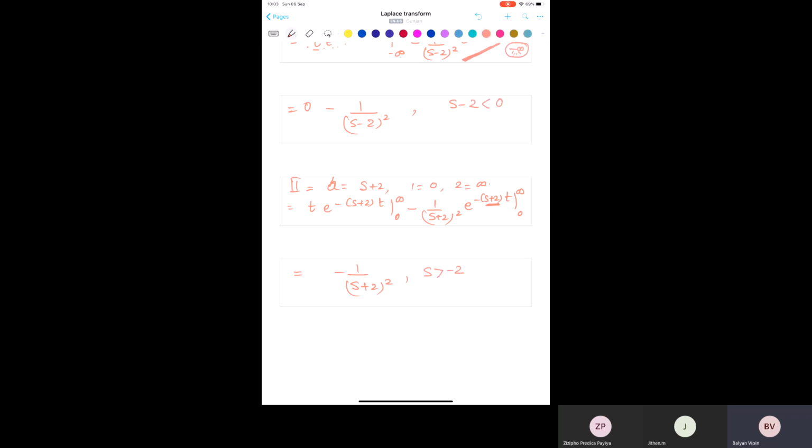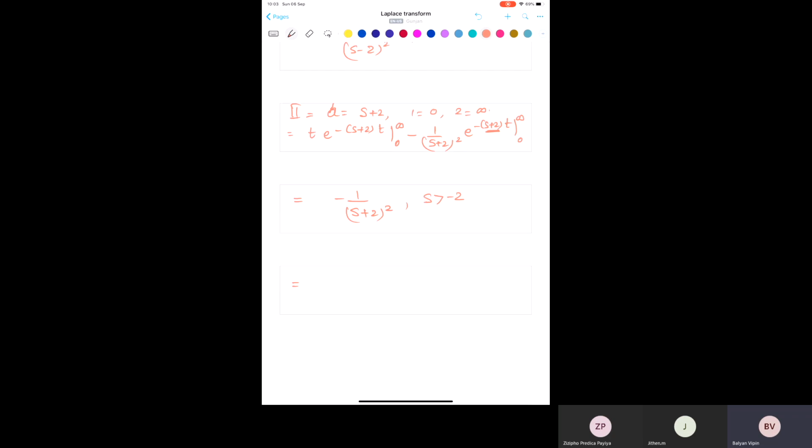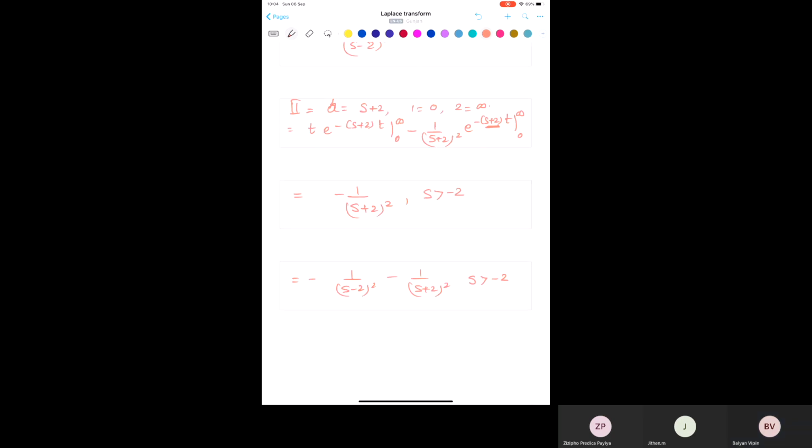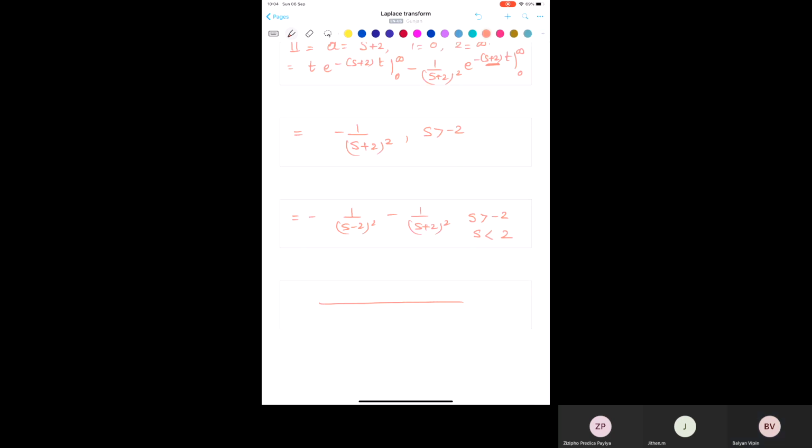So the final answer for both of them is: one says s greater than minus 2, and the other says s less than 2. If I plot both of them on the number line, it's minus 2 here and 2 here.